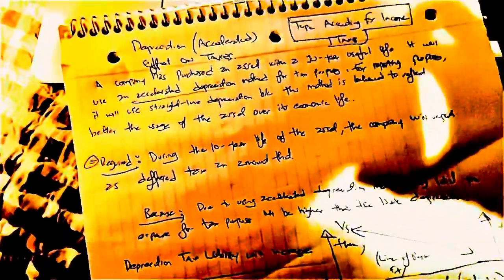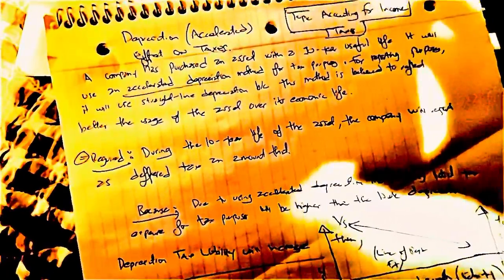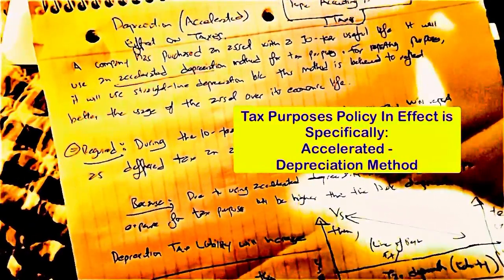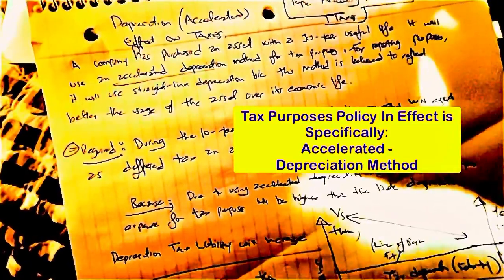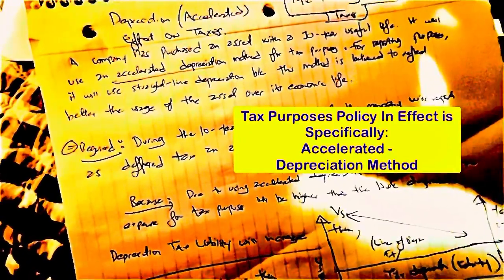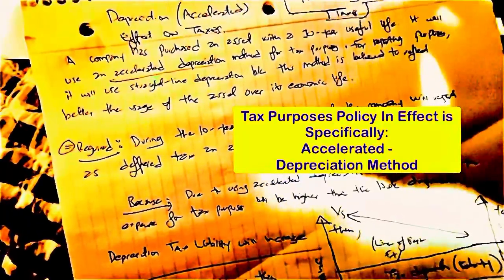Well, I was thinking, just because I picked that, I knew I was wrong. I wasn't 100% sure. It can be constant only if we were using the straight line depreciation method for reporting purposes, because then every year is the same expense.